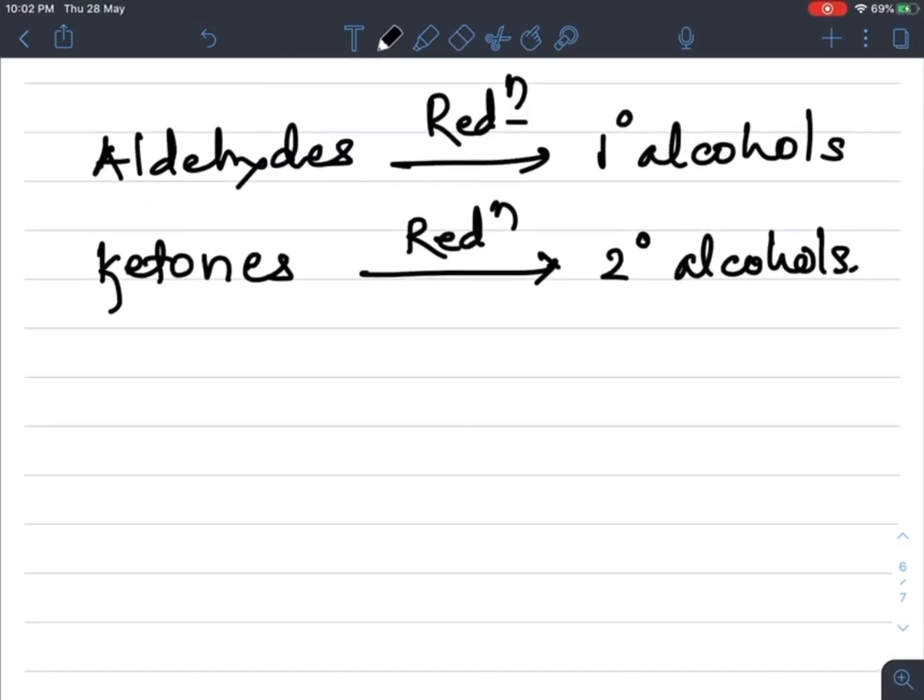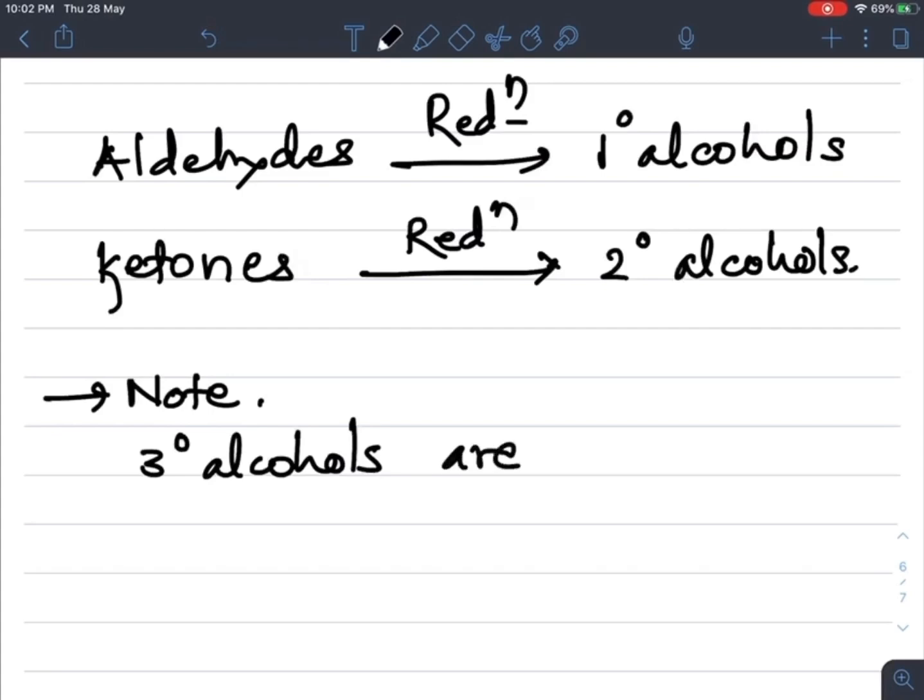So tertiary alcohols, note this, this is the note for this method, reduction of carbonyl compounds.